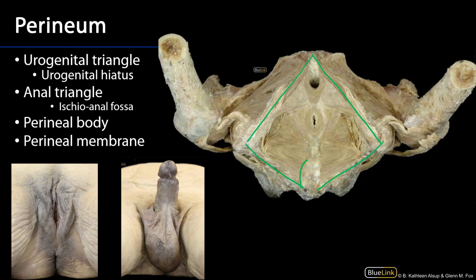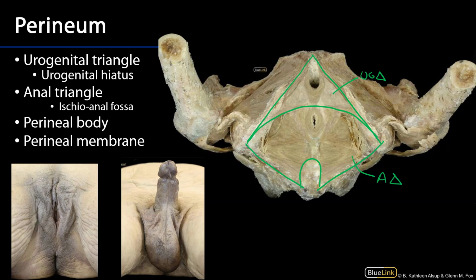So we can see that the coccyx is invading that space as well. And separating two triangles here, we have an interischial line, which anteriorly separates the urogenital triangle from posteriorly the anal triangle.